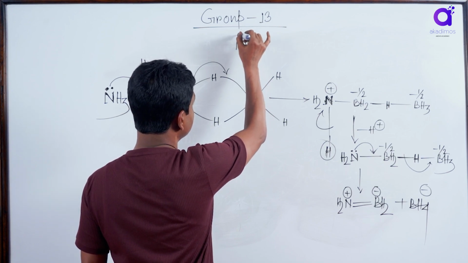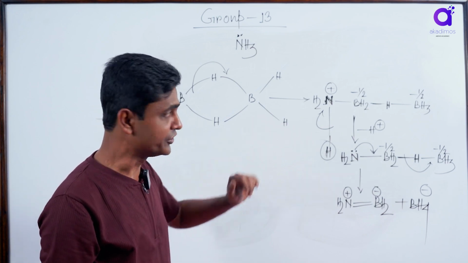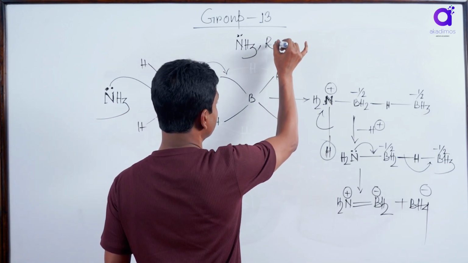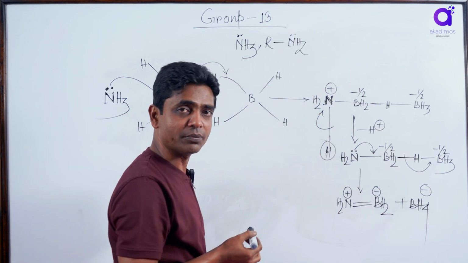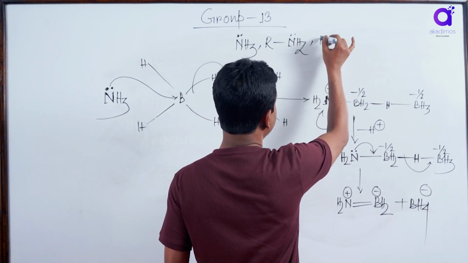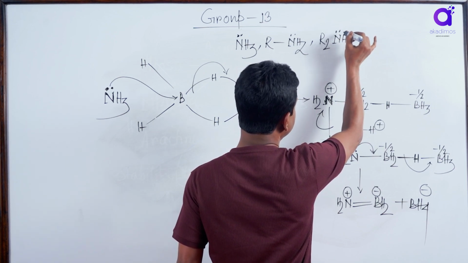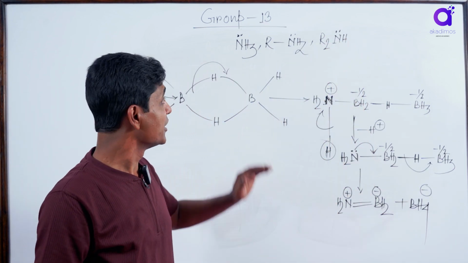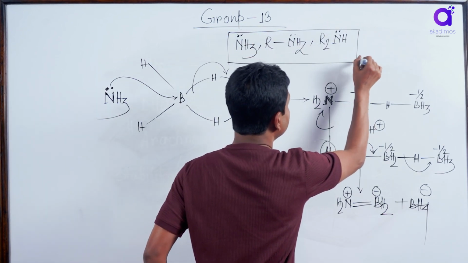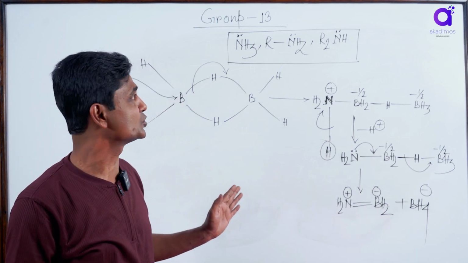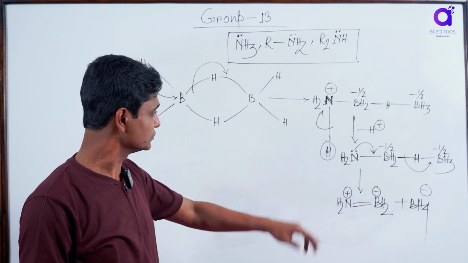Ammonia has 3 hydrogens. 3 hydrogens are not required, 1 hydrogen is enough for heterolytic cleavage. If I take a primary amine, there also you will get heterolytic cleavage since there are 2 hydrogens on nitrogen. If I take a secondary amine, then also heterolytic cleavage since there is 1 hydrogen. But if it is tertiary, then no hydrogen on nitrogen, no heterolytic cleavage. That I will show you.